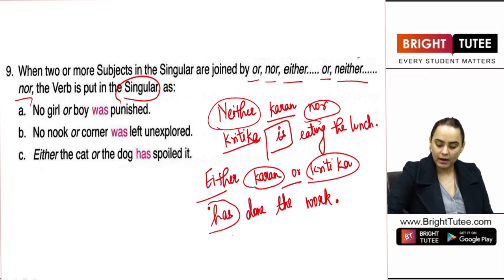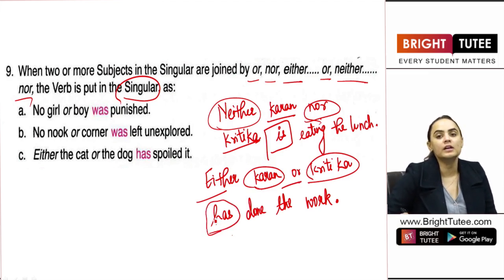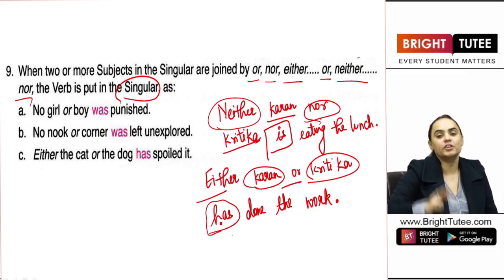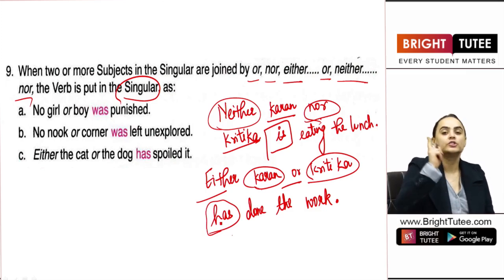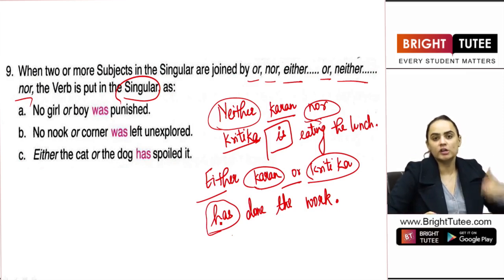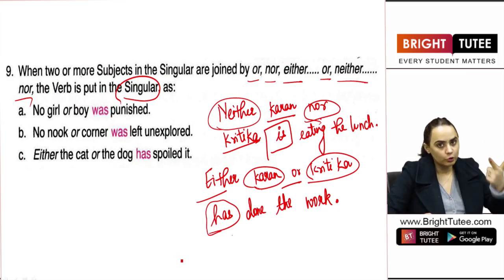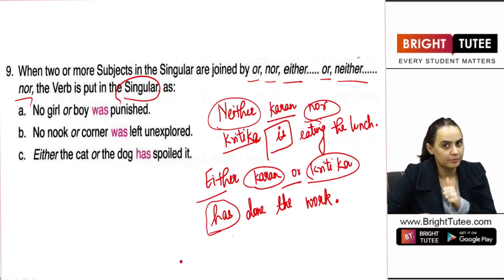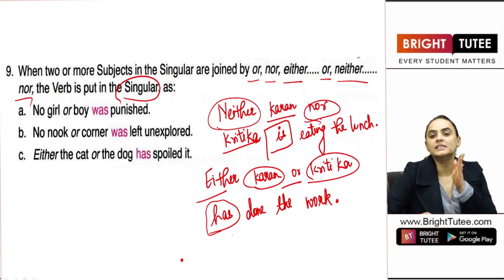That is why my verb will be singular in nature, that is has. Right? So, if two singular nouns are joined with one another using the conjunction or, nor, either or, neither nor, my verb will be singular in nature.